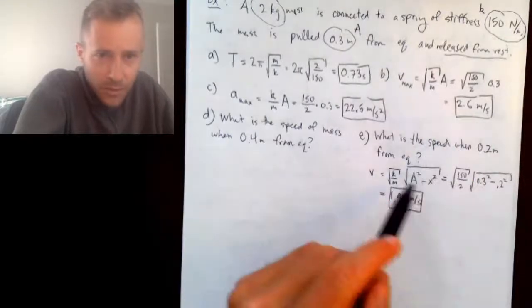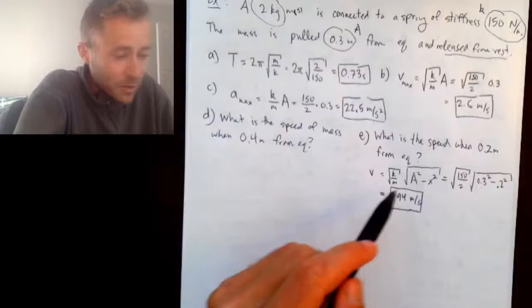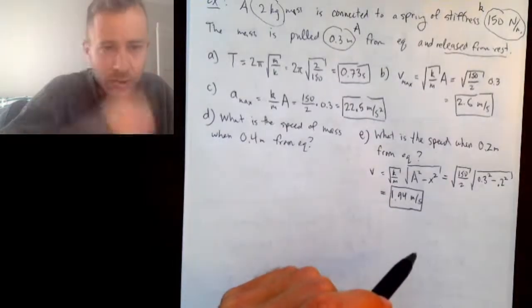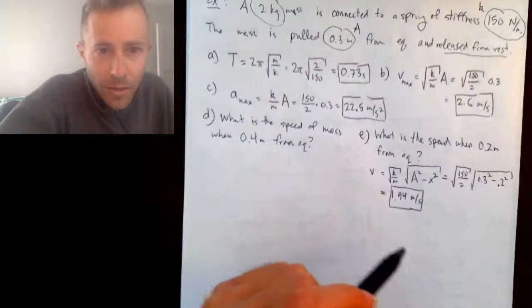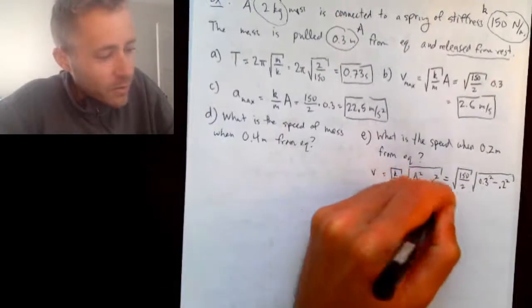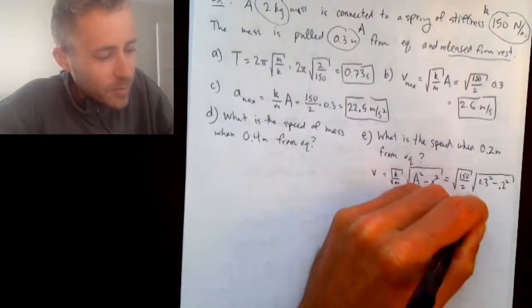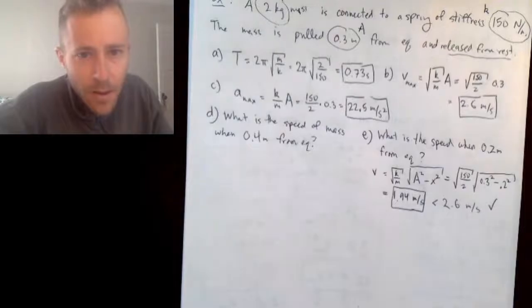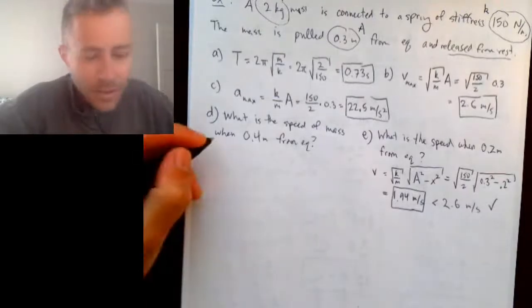If you found that it is greater than the maximum speed, like maybe you got 3 meters per second, you would want to scratch your noggin and go back to the drawing board and figure out what you did wrong. So this is less than 2.6 meters per second. Very good.